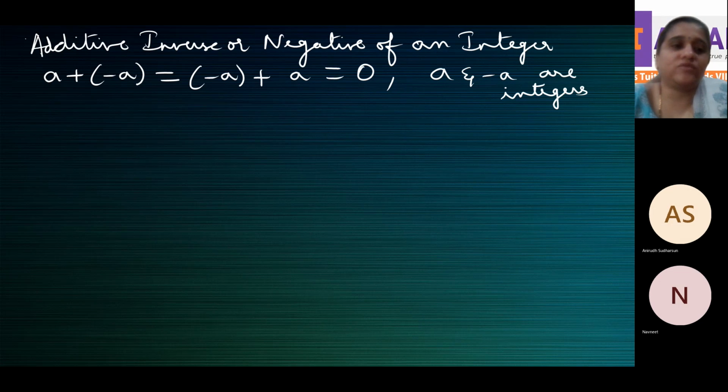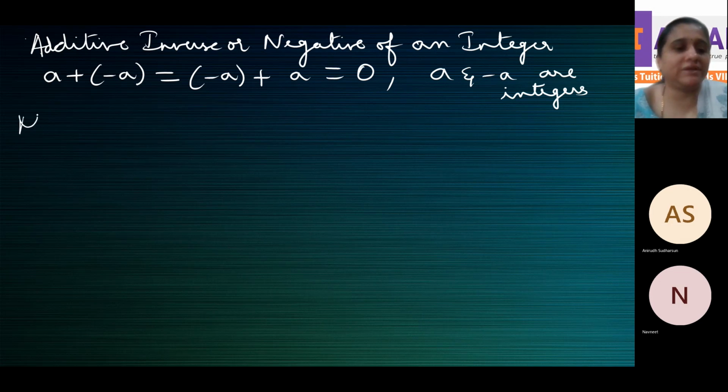The additive inverse of a is minus a. The additive inverse of minus a is a. Why? Because when you add an integer and its additive inverse, the sum will always be 0.